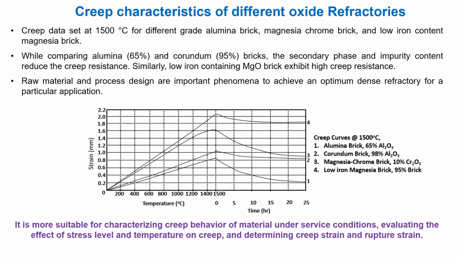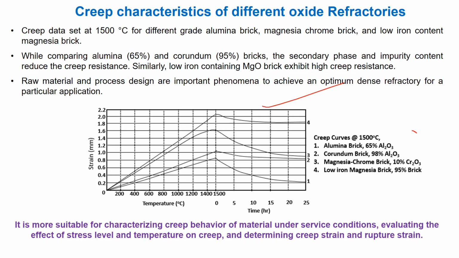A characteristic creep behavior at 1500 degrees centigrade of different oxide refractories is shown in the figure. While comparing alumina 60% and corundum 95% bricks, the secondary phase and impurity content reduce the creep resistance. Similarly, low iron containing magnesia exhibits high creep resistance.